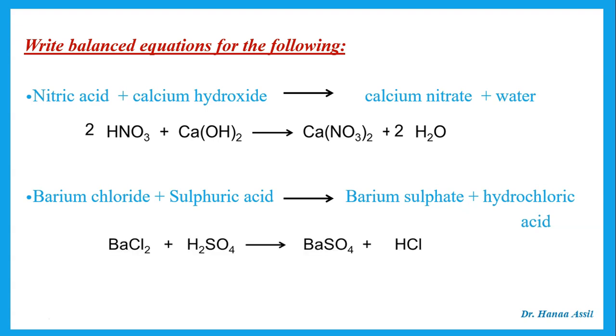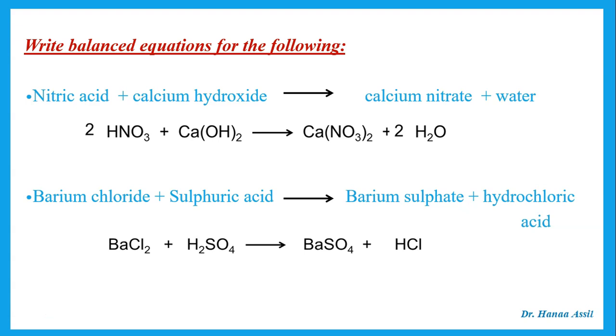Barium chloride, barium is in group 2, so it's BaCl2. Sulfuric acid, again, acid starts with H, valency of sulfate is 2, so it's H2SO4. Plus barium sulfate, now barium is valency 2 and sulfate is also valency 2. So they cancel each other. So that's why barium sulfate is BaSO4 plus HCl.